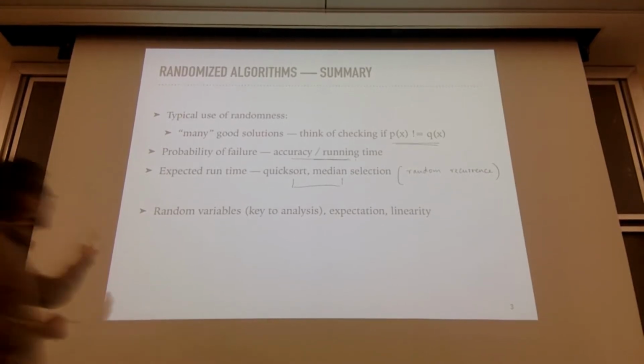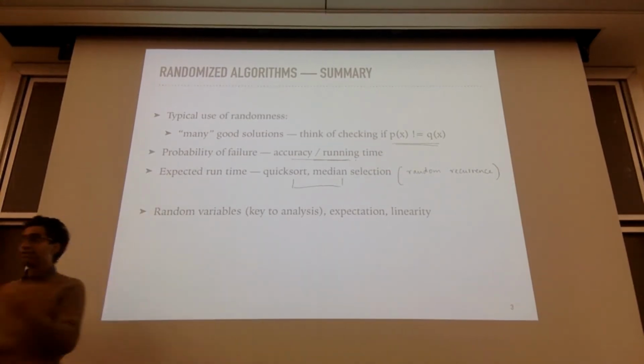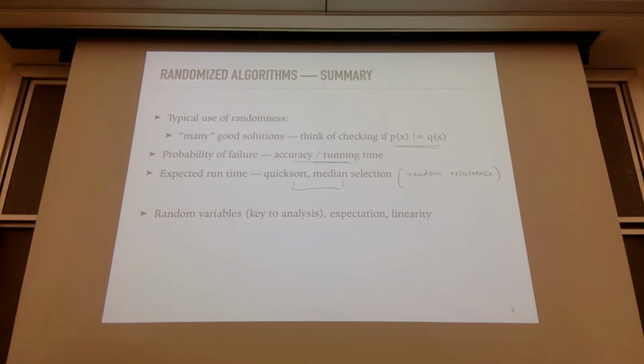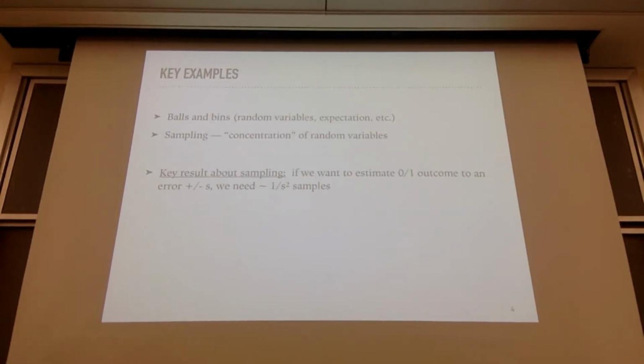They have some distribution, and we kept computing expectations, and we also had this nice property of linearity of expectation. If you take two random variables, the expectation of the sum is the sum of the expectations. That's what linearity was. Then we saw a couple of very useful examples.